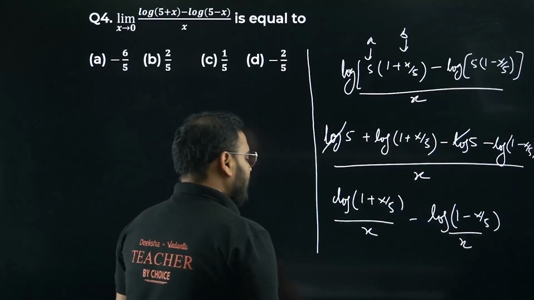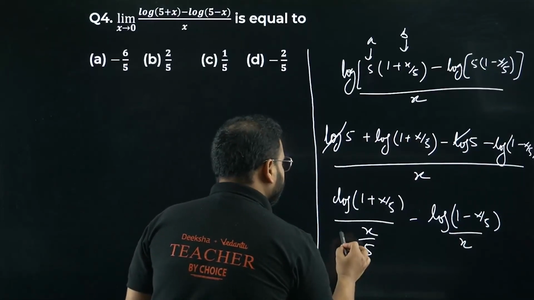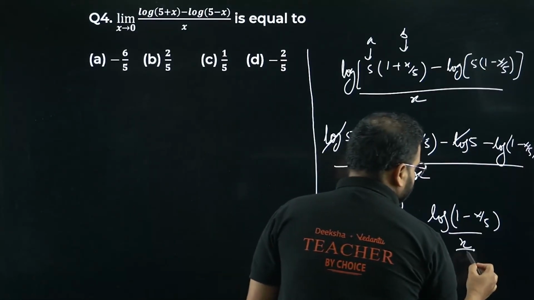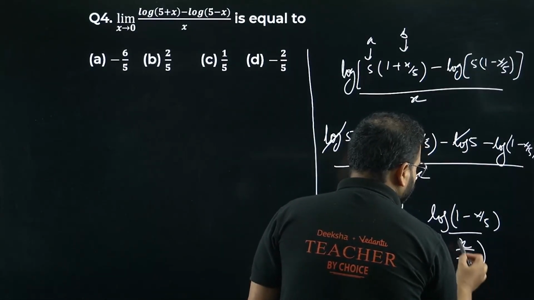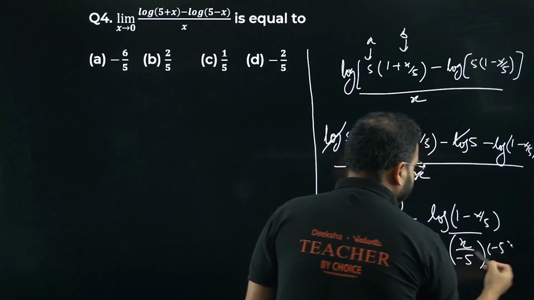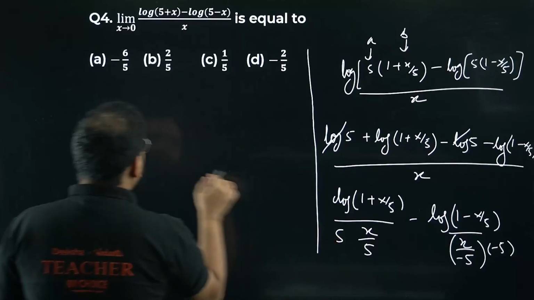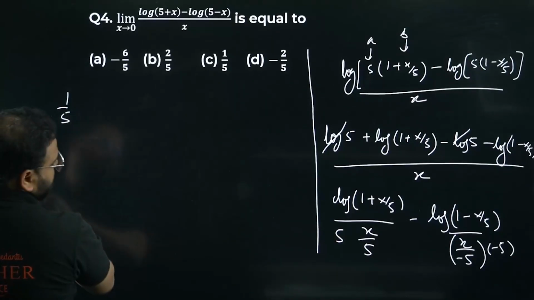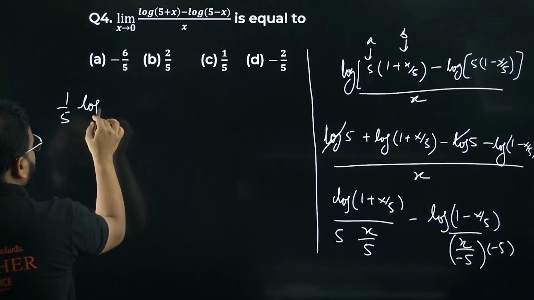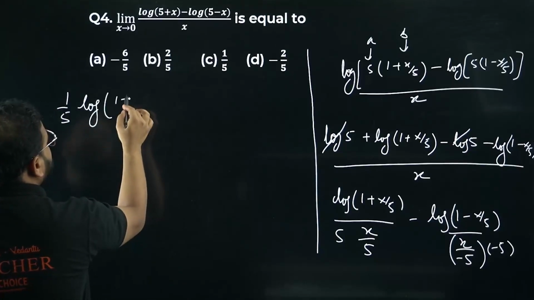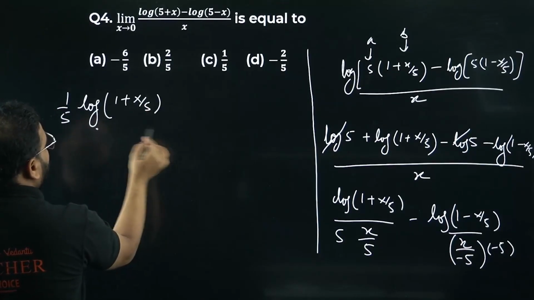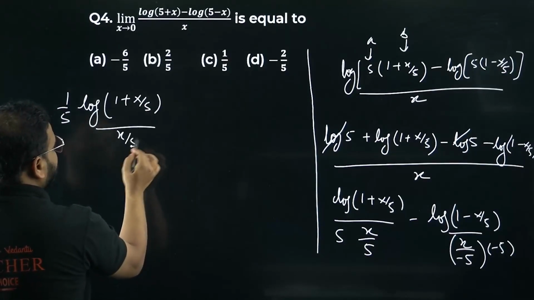Now do one thing, divide by 5 and multiply by 5. Here also, divide by minus 5 and multiply by minus 5. Now check this result. What is this going to be? I have 5 in the denominator, will become 1 by 5 over here. And then I have log of 1 plus x by 5 upon x by 5.